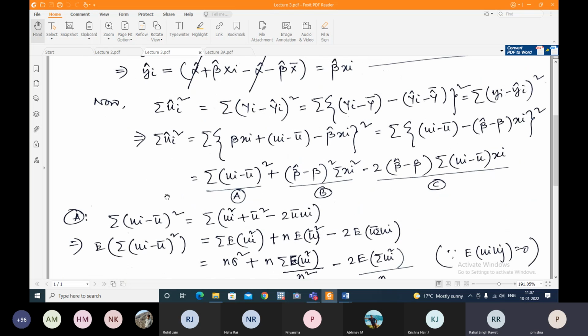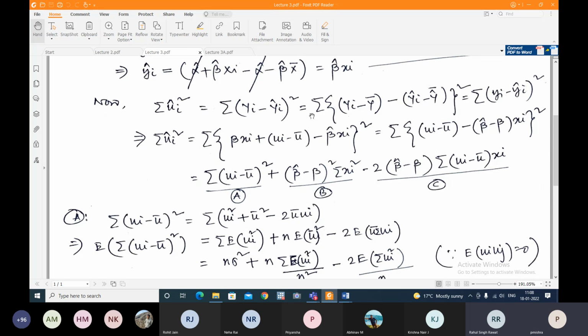Now, summation of u hat i square, that is RSS, is equal to what? We know that yi is equal to y hat i plus u hat i. That means summation of u hat i square would be equal to summation of yi minus y hat i whole square. At the same time, we know that y bar is equal to y hat bar.